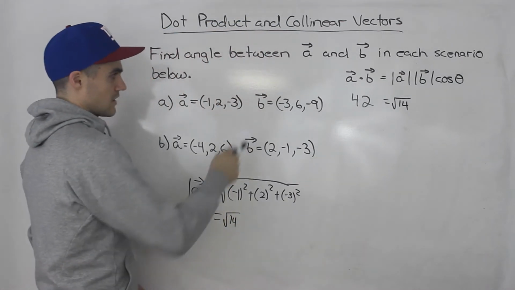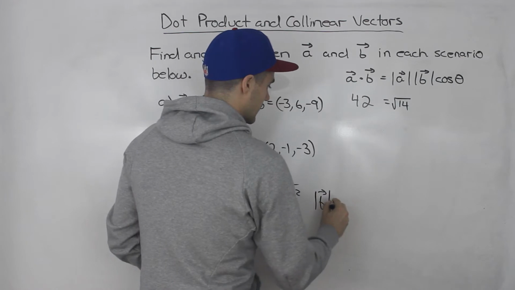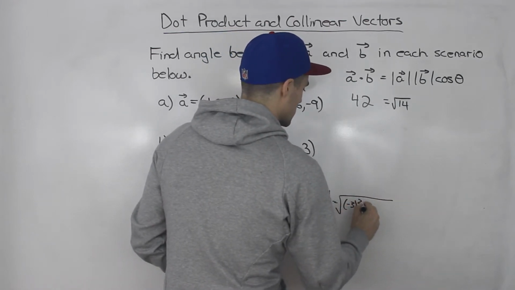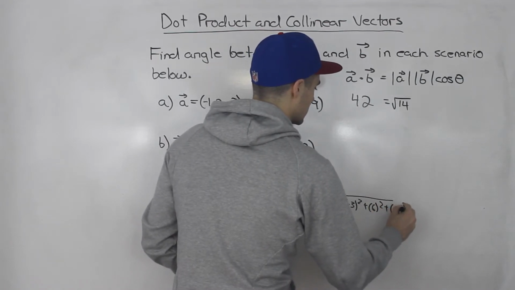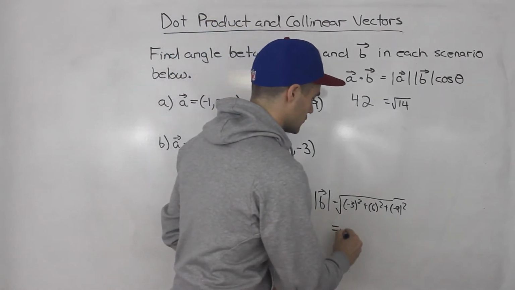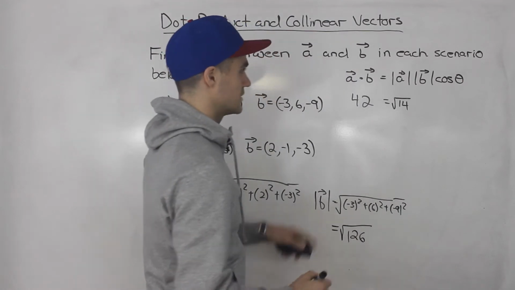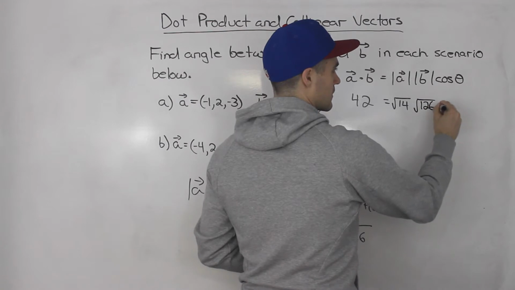Then the magnitude of B would be what? It would be the square root of -3 squared plus 6 squared plus -9 squared. And when you do that in your calculator, you would end up getting root 126. So the magnitude of B is root 126.